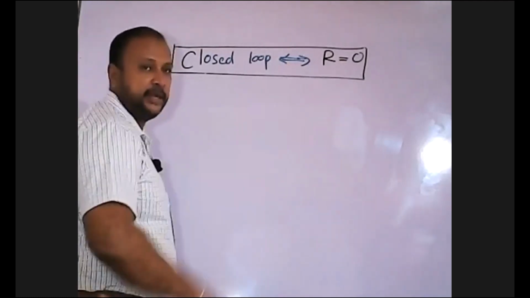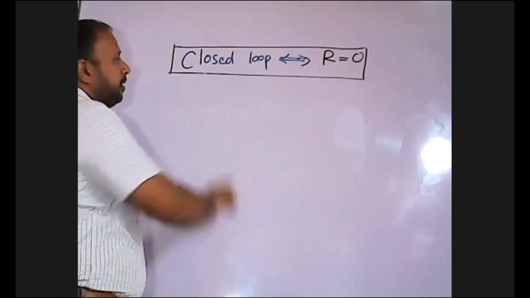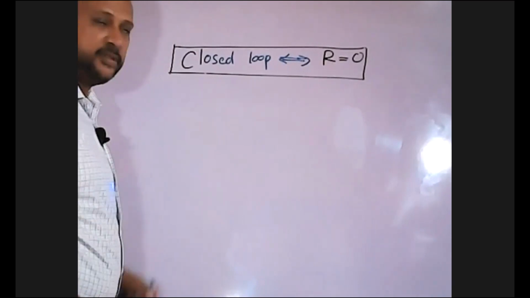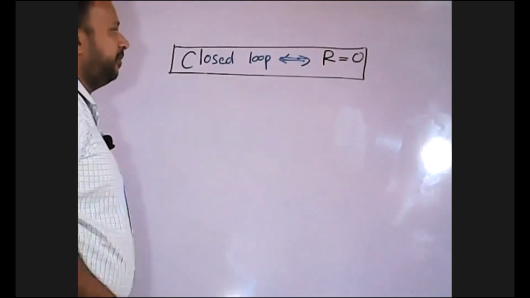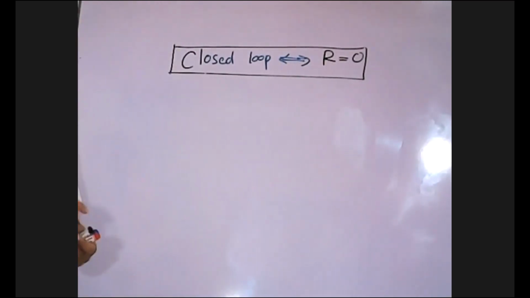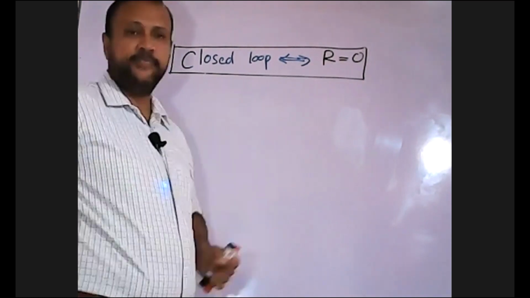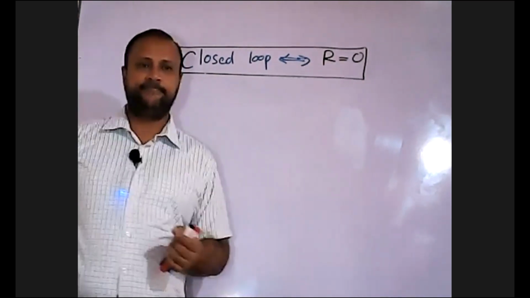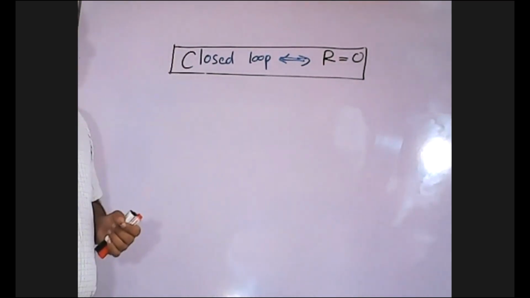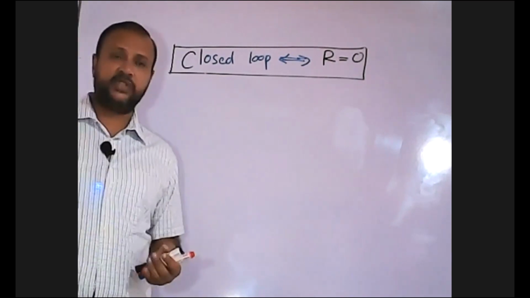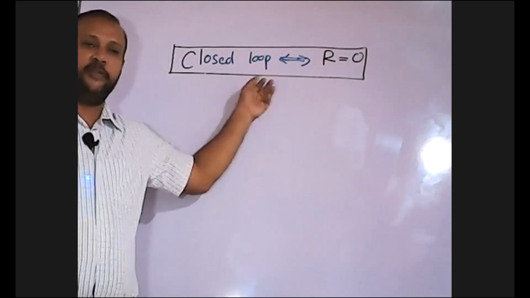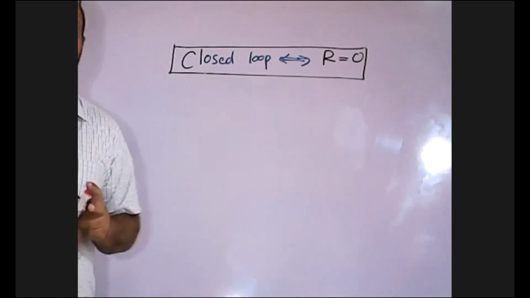You can write this one and highlight it. This is a very important part of the vector lesson, because when you are simplifying a vector system, this closed loop theory is very important.